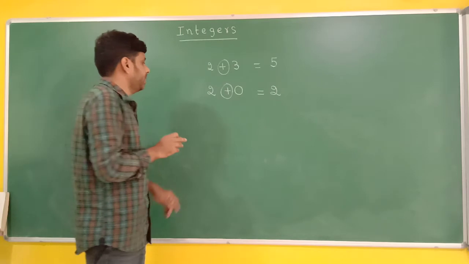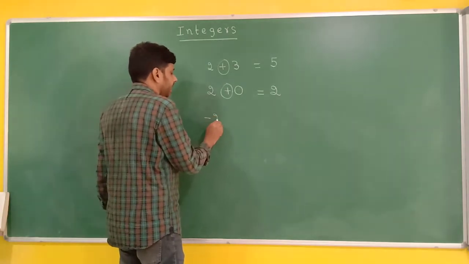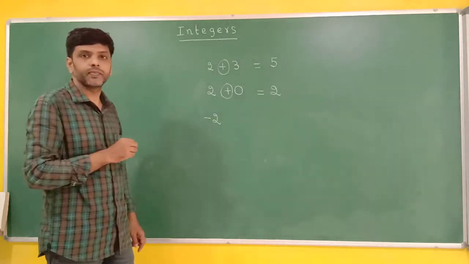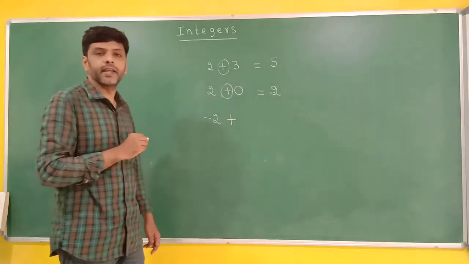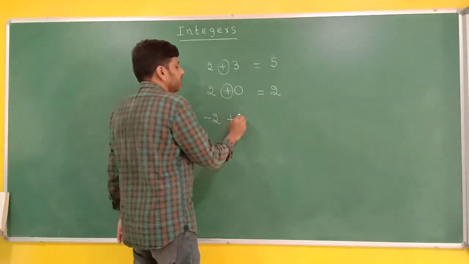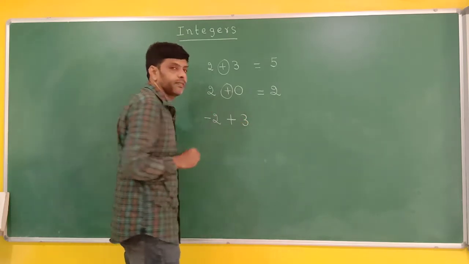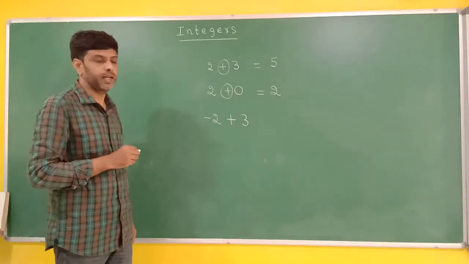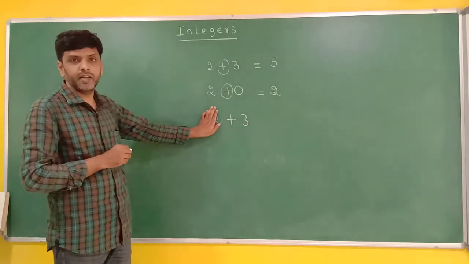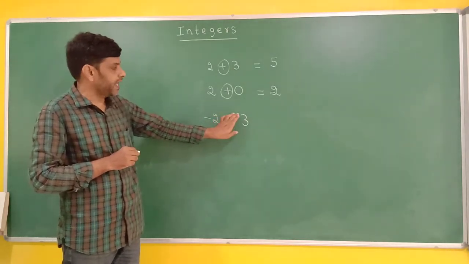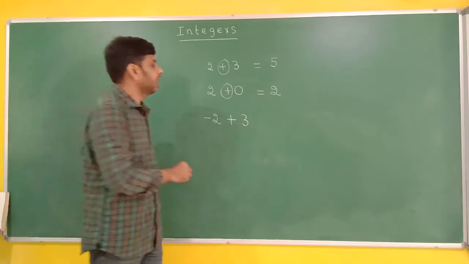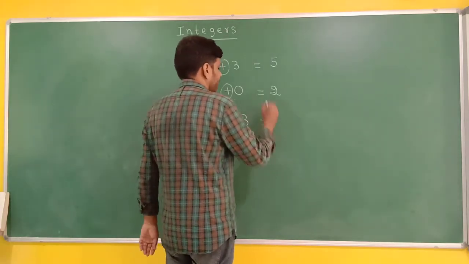Now, I am taking one negative integer, and I am adding one positive integer. Are you following what I am telling? To that negative integer I am adding a positive integer. Now, what is the sum?